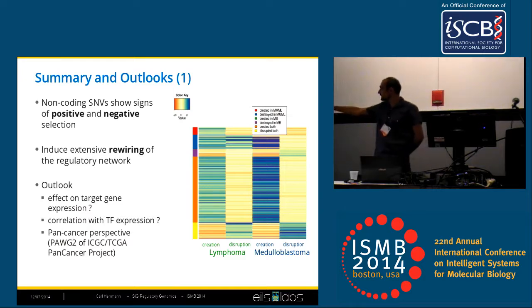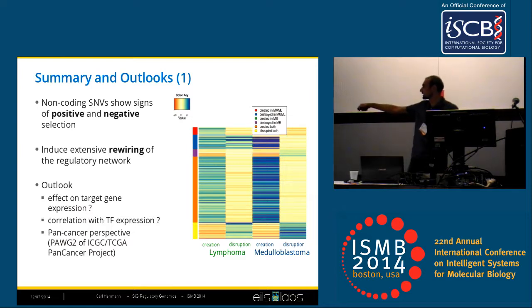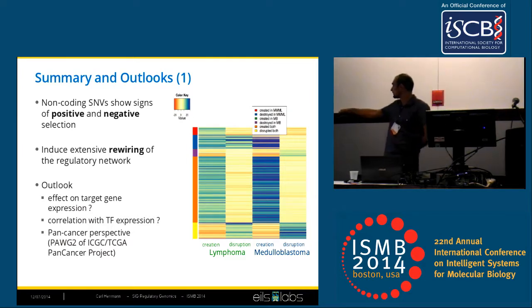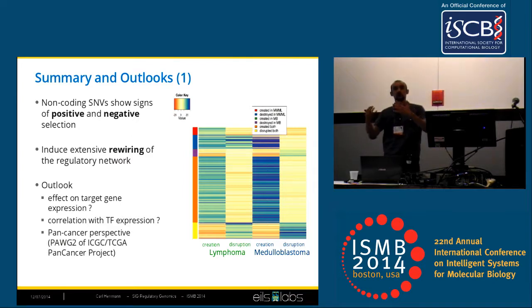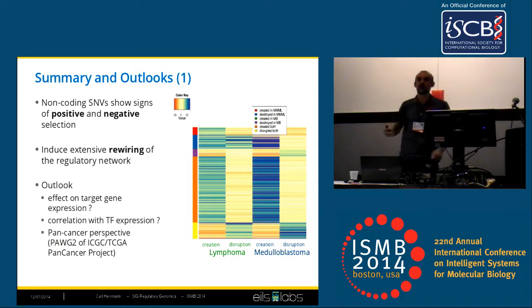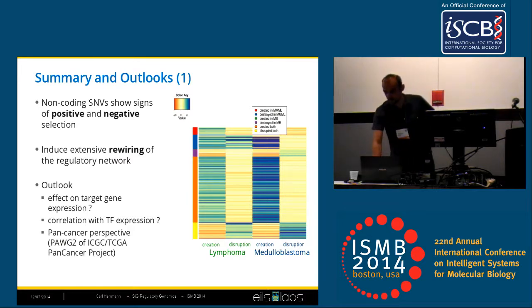And we're extending this in a pan-cancer perspective as part of the pan-cancer project of ICGC and TCGA. Here's an example for lymphoma and medulloblastoma of k-mers that are both highly mutated in lymphoma and highly mutated in medulloblastoma. And so we're trying to make sense of these pan-oncomers across different cancer entities.